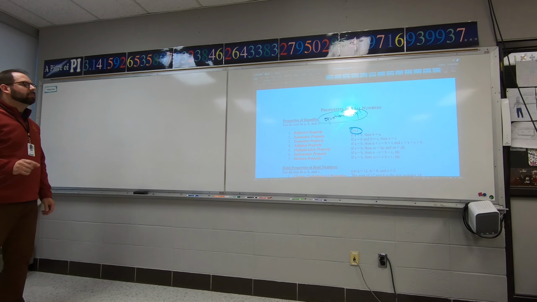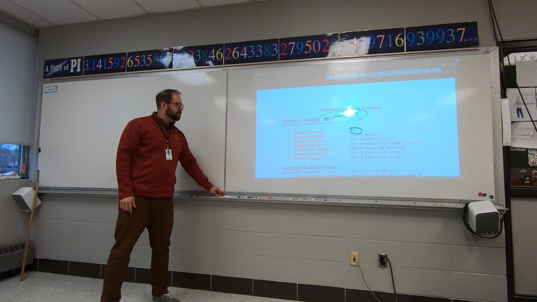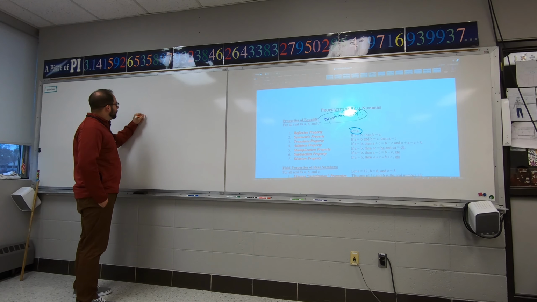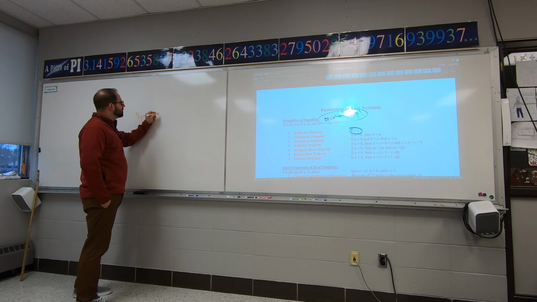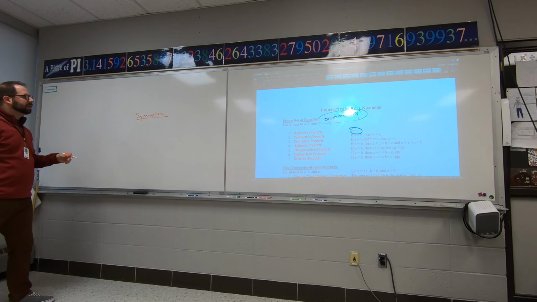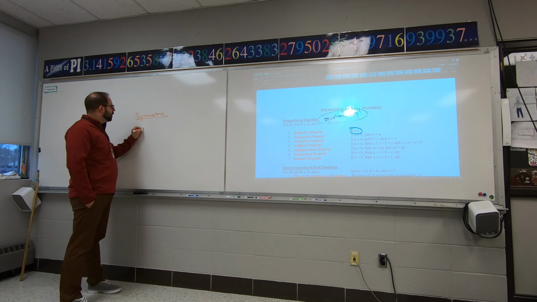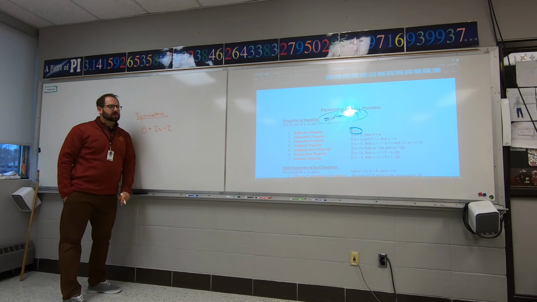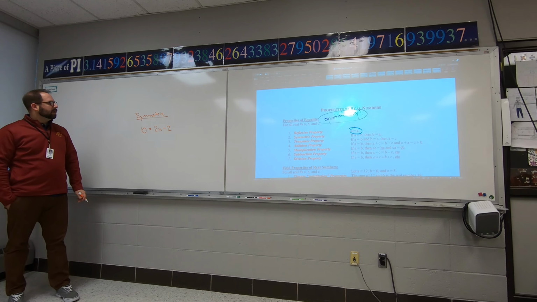Okay. Let's do symmetric. The symmetric property is one you actually use a lot in Algebra 1 class. It's one that my teachers really hammered into my head. Let's say you had a problem that looked like this. Let's say that was your problem, right?